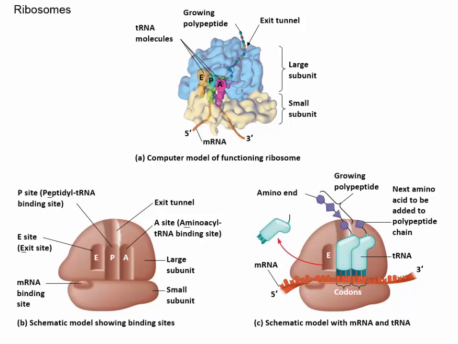And here is a picture of that. On the very top, you can actually see a computer model of a functioning ribosome. Ribosomes have 2 parts, notice, a small subunit and a large subunit. The blue one is the large subunit, and then there's a small subunit at the bottom. The brightly colored EPA sites are the tRNA molecules.